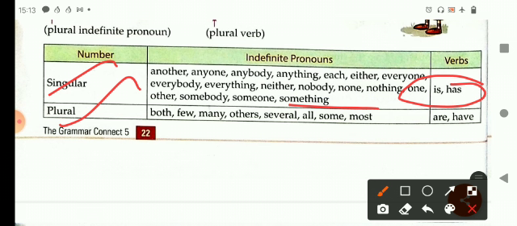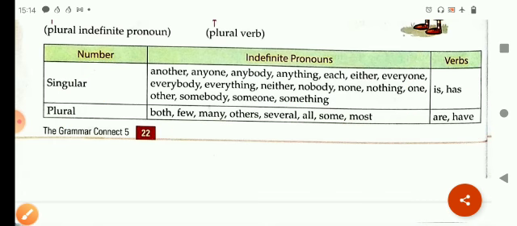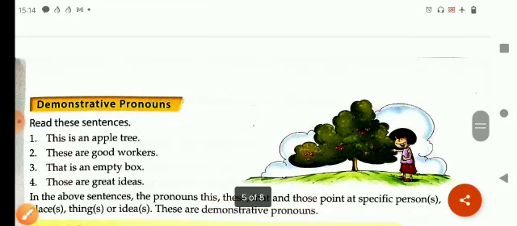Plural indefinite pronouns are like both, few, many, other, several, all, some and most. For these we have to use verbs like are and have, which are the plural forms of the verbs.